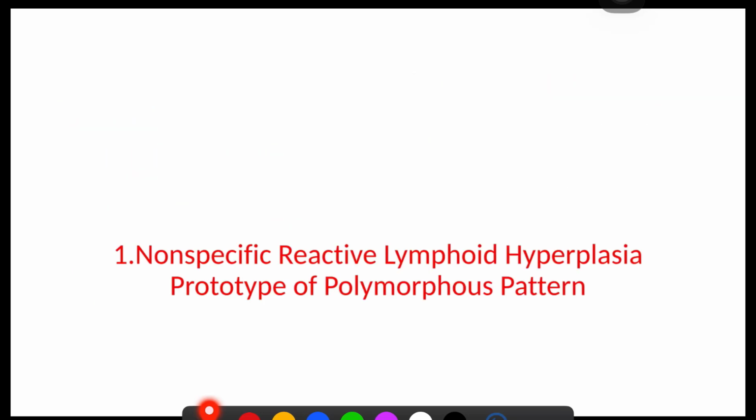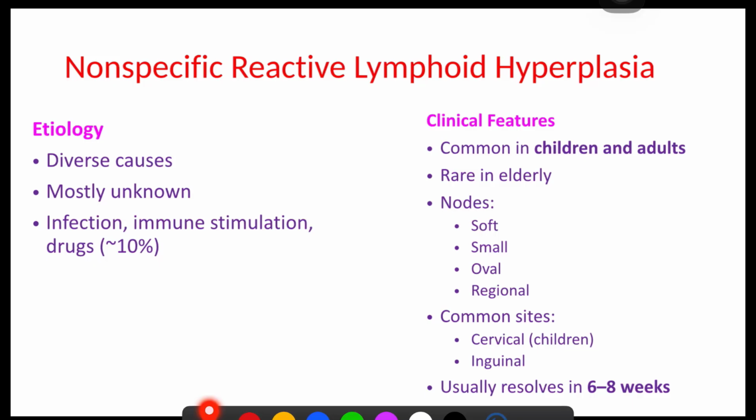So let's see first the non-specific reactive lymphoid hyperplasia, which is the prototype of this pattern, where the etiology shows diverse causes, mostly unknown, and as discussed, 10% is due to either infection, drugs, or immune stimulation.